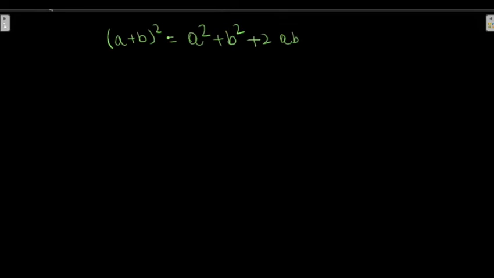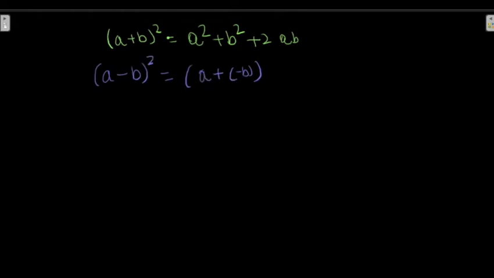How? Let's see. To write a minus b, we write it like a plus minus b. Got it? What we have done is this plus and minus will become minus, right? So a minus b we are just writing as a plus minus b.